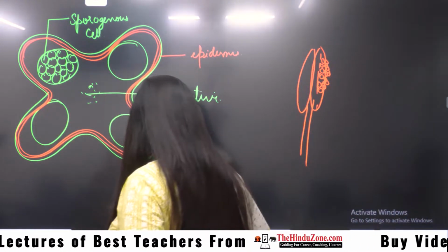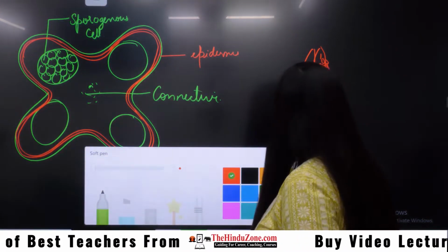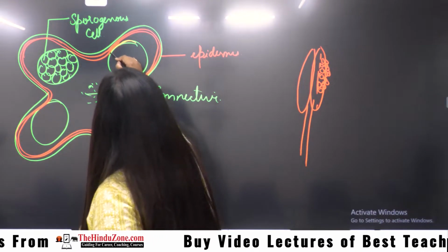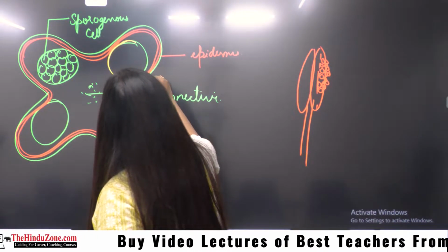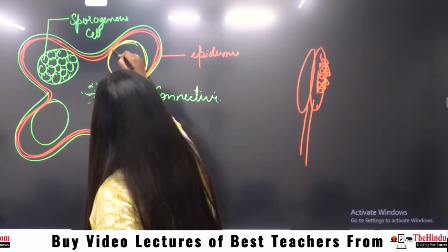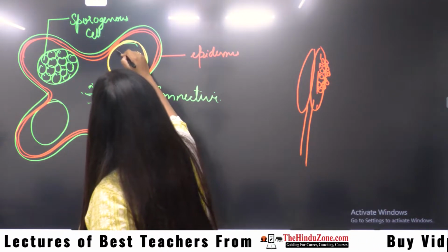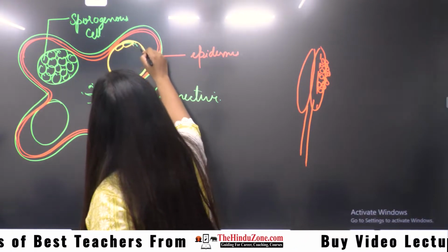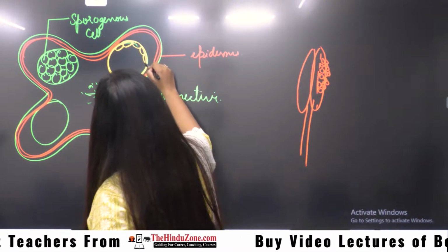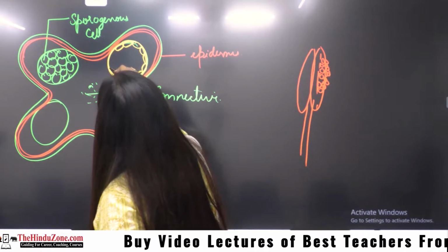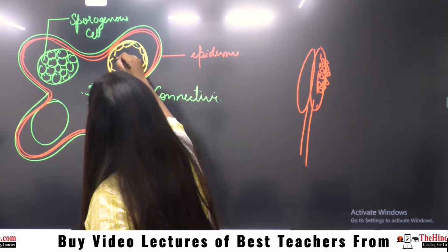Now one more thing: you are watching the sporogenous tissue. These 4 bags are enclosed by a wall, and this wall is not uninucleate.